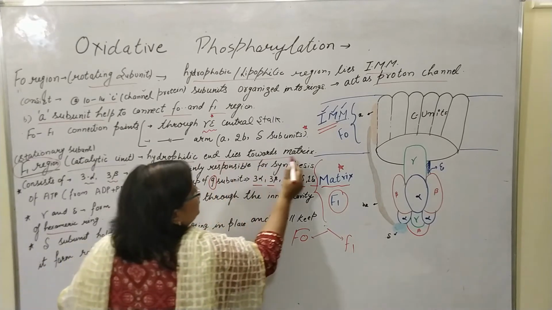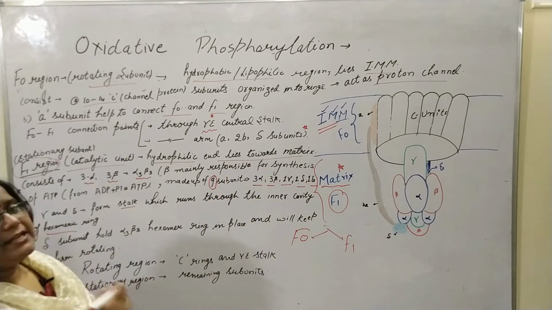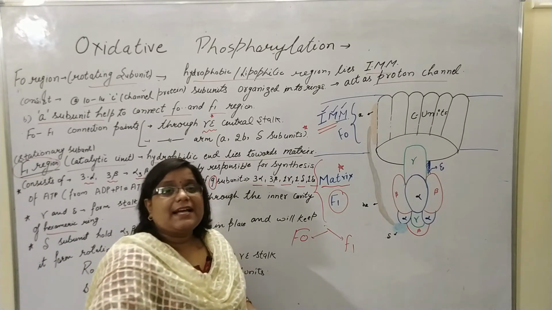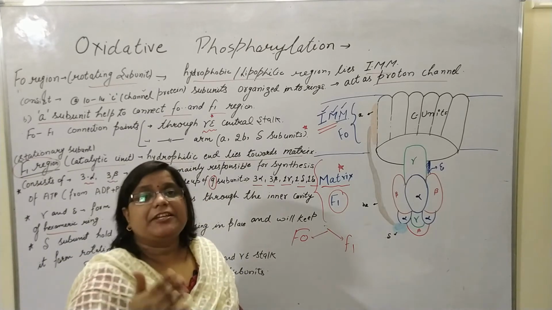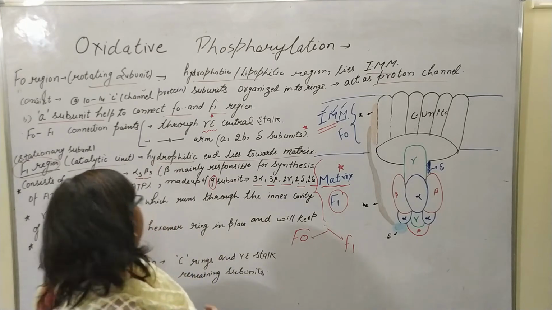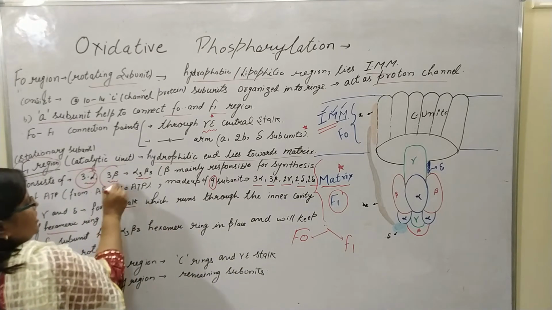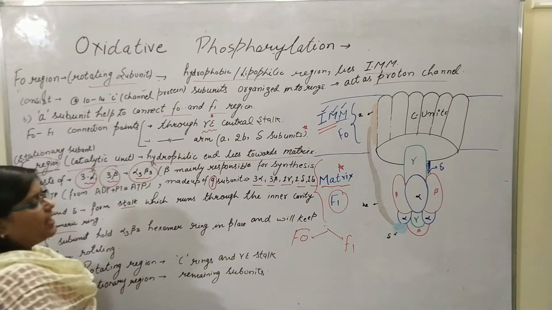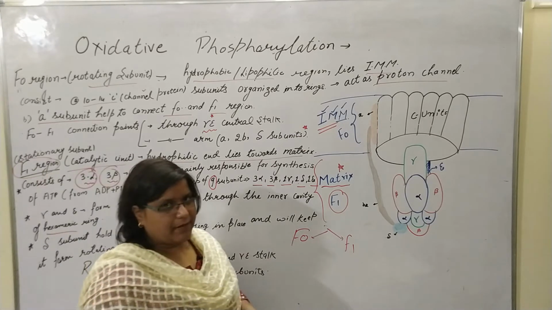It lies towards the matrix and consists of 3 alpha and 3 beta subunits, present as a hexamer ring.